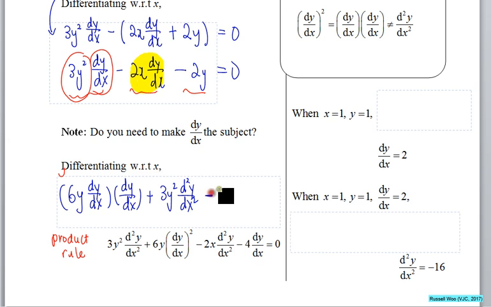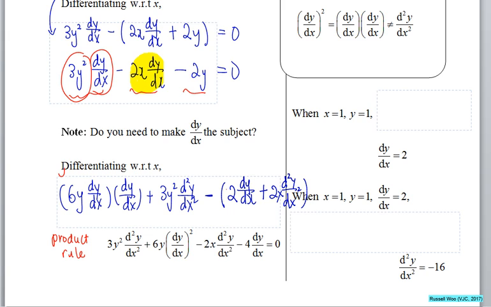Same thing, minus, you keep 2x, you differentiate 2x, you get 2. You keep this, you get dy dx, plus, you keep 2x, you differentiate this, you get d2y dx squared. And last term, minus 2y, you will get, not minus 2y, you get what?